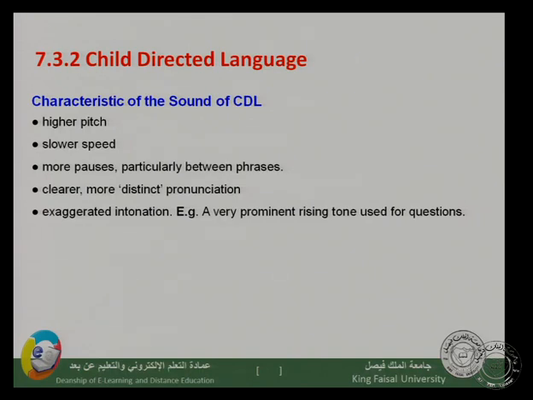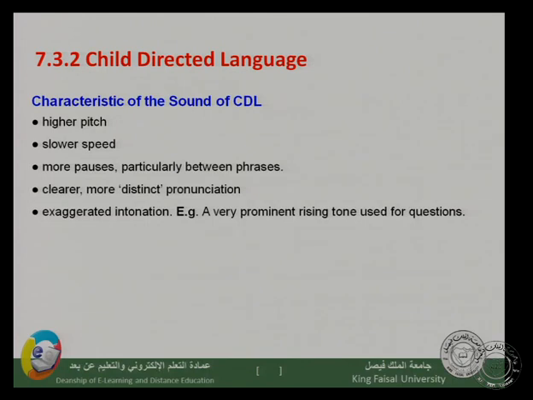What are the characteristics of our sound when we communicate with little children, or when we use CDL, the child-directed language? Well, of course, we will use a high-pitched sound. The pitch of our sound will be higher than it is when we communicate with adults.